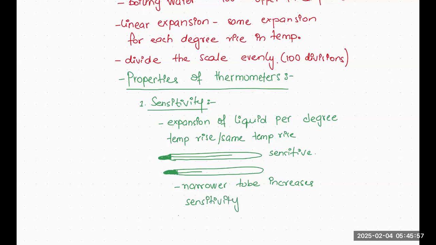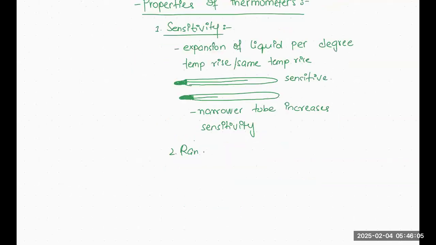Then the second property is range. Range is the upper and the lower, how low and how high the upper and the lower fixed point are.